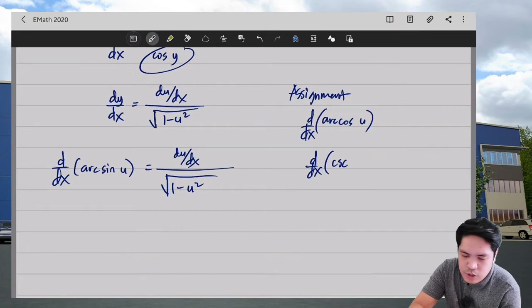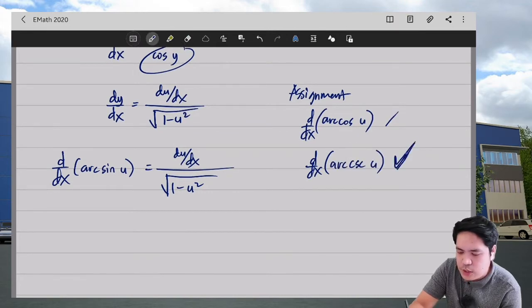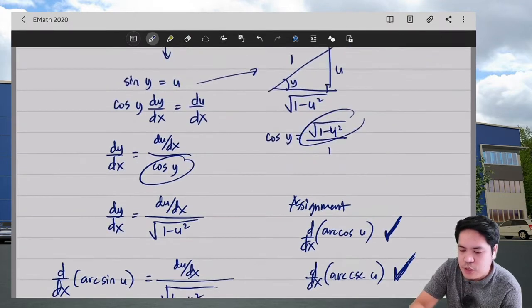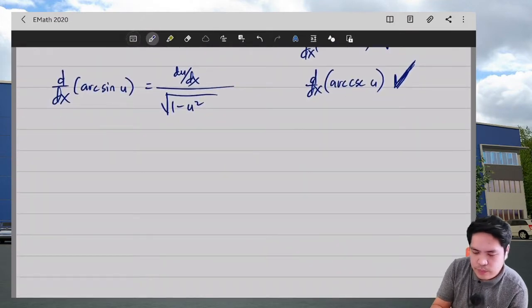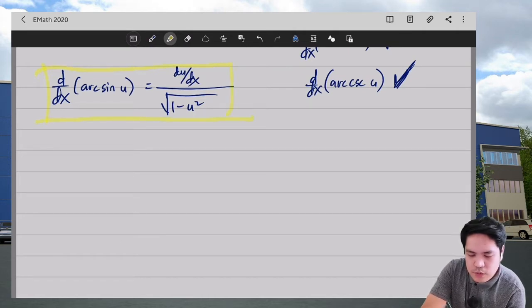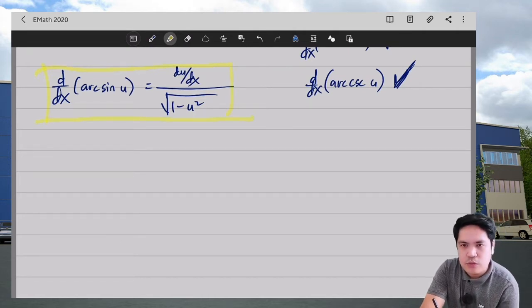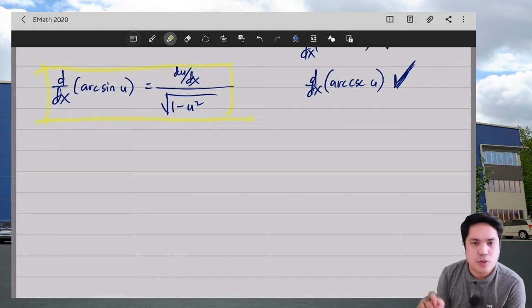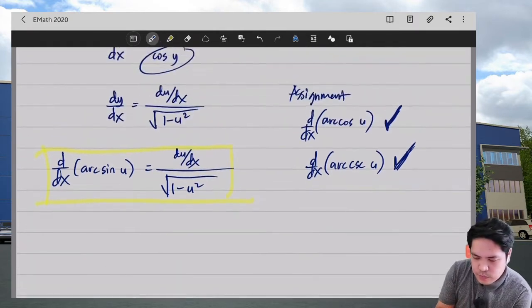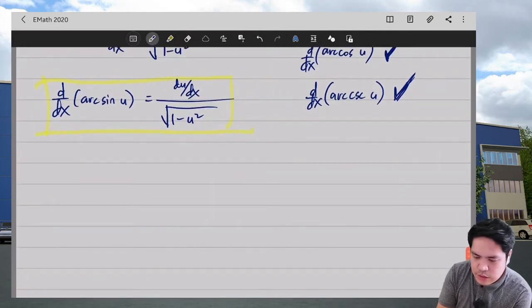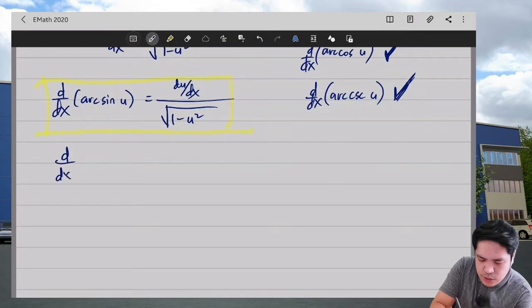You take the derivative of this using the same method. Okay? From here, we can memorize: the derivative of arc sine u is equal to du over dx over square root of 1 minus u squared. Memorize. I'll just include all of them so we can proceed more easily to the next examples.